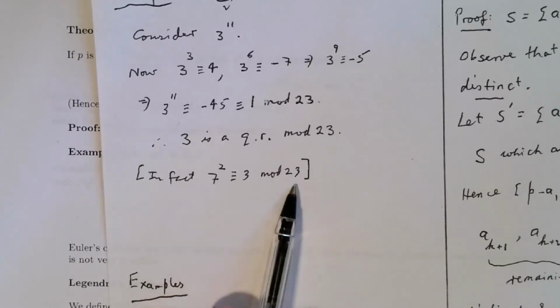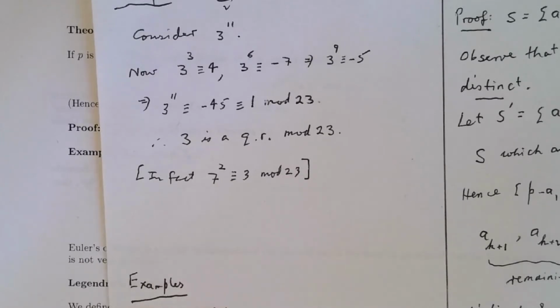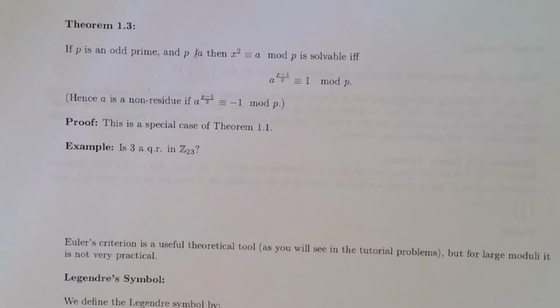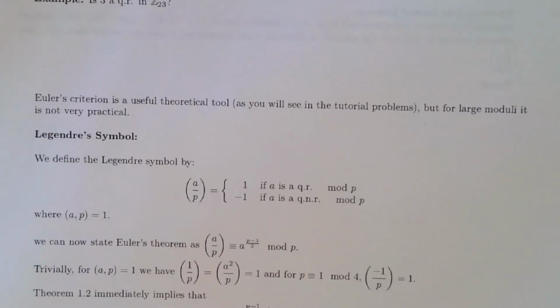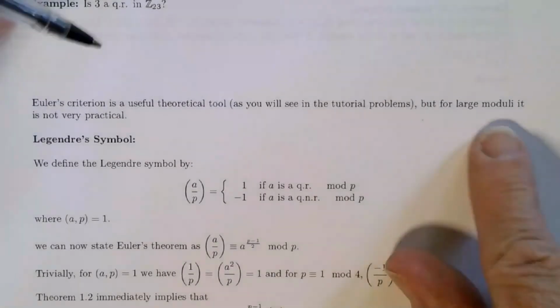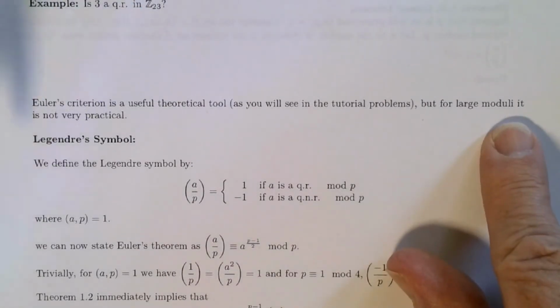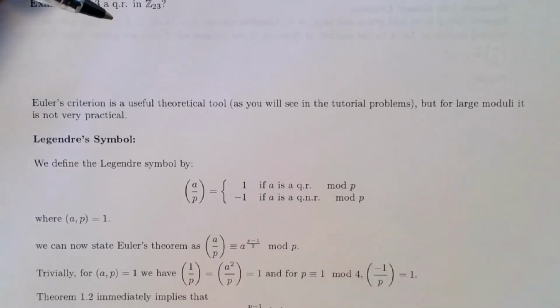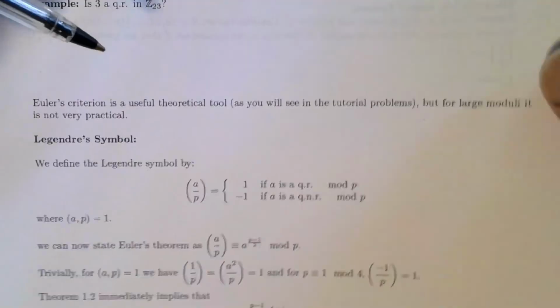So 3 is a square modulo 23. Euler's criterion is a very useful theoretic tool, but for large moduli it is not very practical, because even with that simple example we had to do a reasonable amount of calculation.